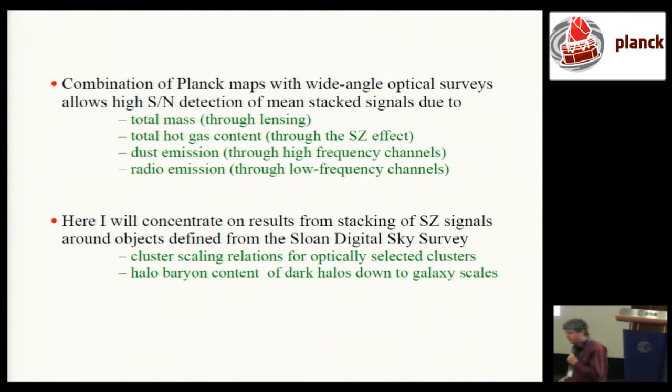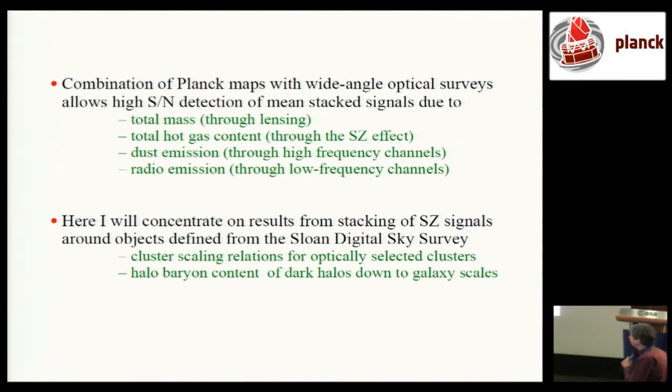One of the newest things in Planck was the map of the mass of the universe through lensing. And of course this covers the whole sky. Now the signal to noise in the map with Planck resolution is not very good. It's about a half. But when you combine with other objects, then it goes up dramatically.